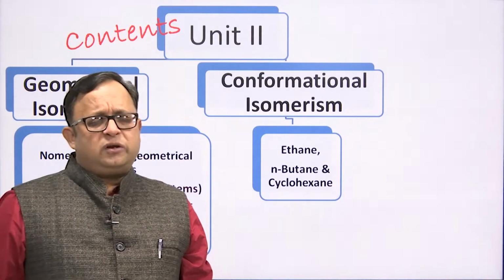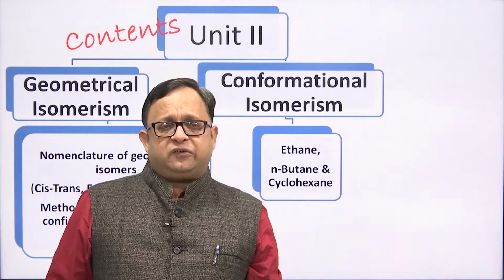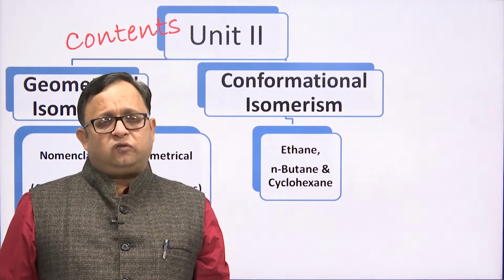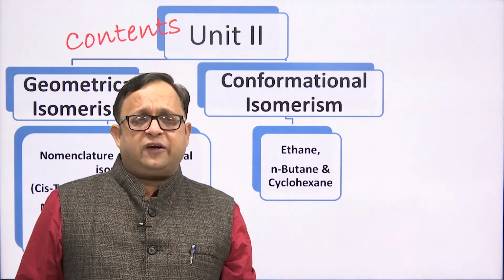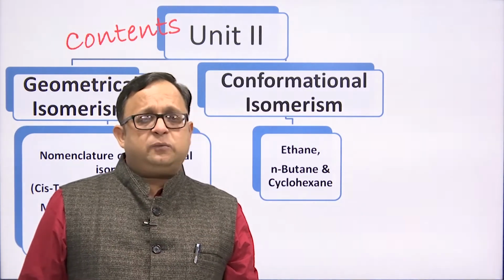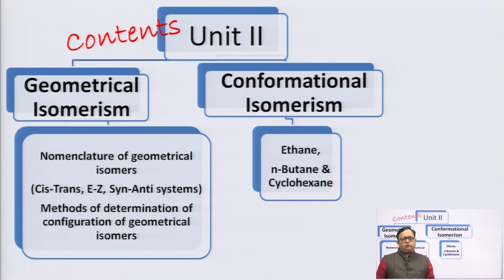If we talk about unit second of this subject, it is divided in 4 parts. Part 1 deals with the geometrical isomerism and part 2 deals with the conformational isomerism. In geometrical isomerism, we have to see the various methods for the nomenclature of the geometrical isomers like cis, trans, E-Z and syn and anti system.